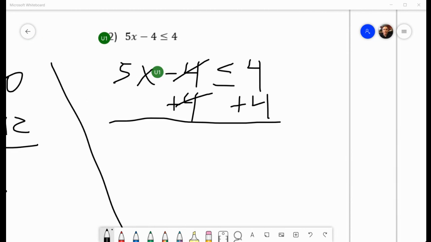And what happens when we do that? These 4s go bye-bye. We have 5 times x less than or equal to 8. That's what we have here, right? Okay, almost there.